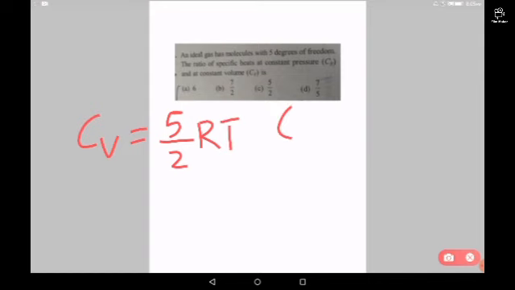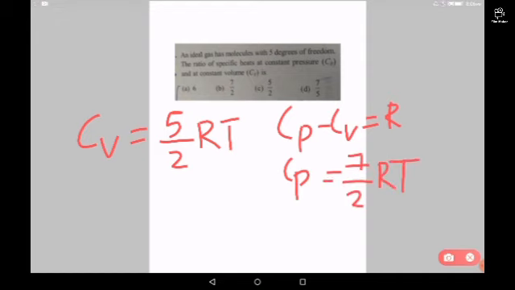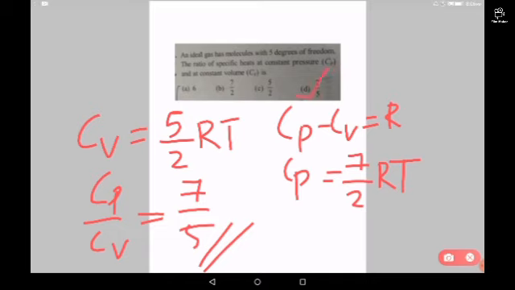So in this question we have 5 degrees of freedom, and for an ideal gas of 5 degrees of freedom, Cv will be equal to 5 by 2 R. We know that Cp minus Cv is equal to R, and hence Cp will be equal to 7 by 2 R. We need the ratio of specific heats, Cp by Cv, so we will get the answer as 7 by 5. That is D option.